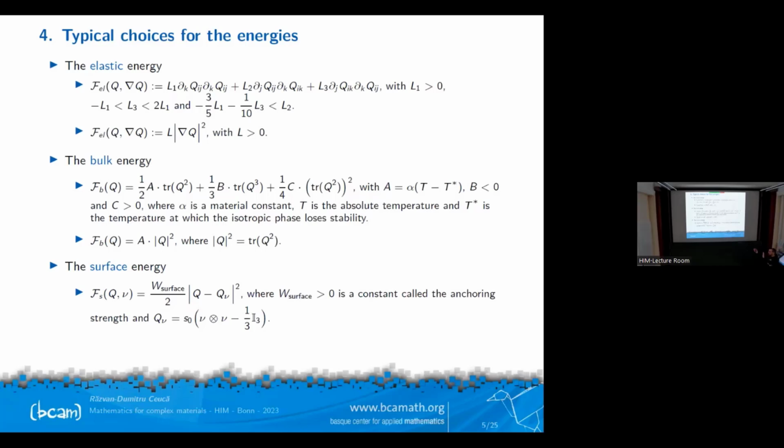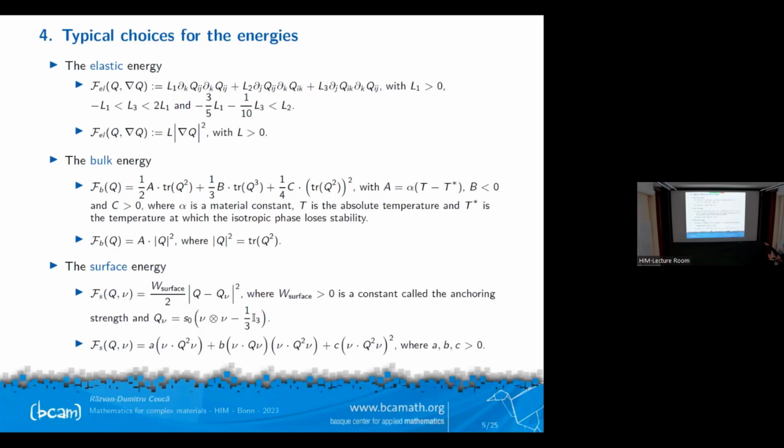So Q is going to want to become Q mu, and this constant in front of it is called the anchoring strength. And at the same time, we can introduce some sort of surface energy, which is similar to the bulk energy that we have seen here. So we had a quartic polynomial in Q. We can introduce in the same fashion here some sort of surface energy.